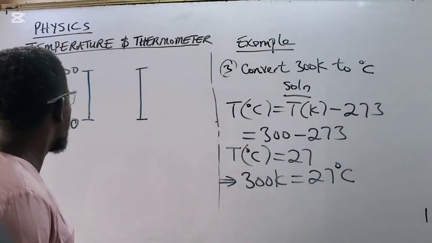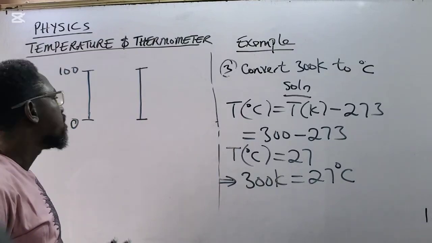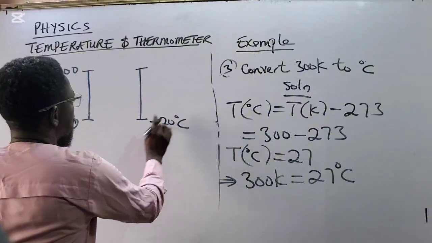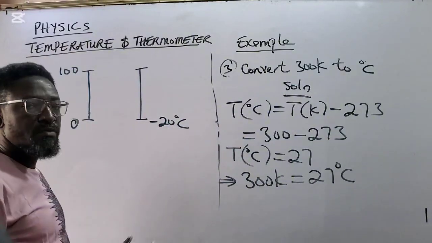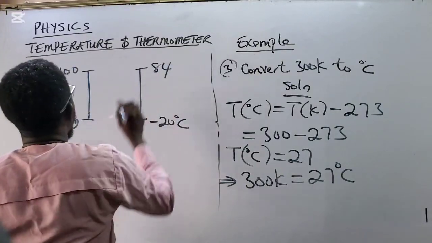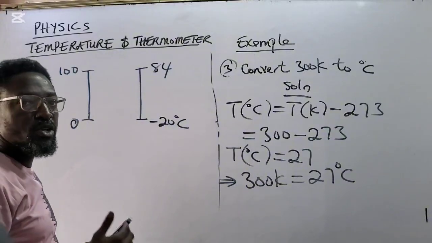That means that temperature corresponds to 0. For example, you are told it registers, let's say, -20 degrees C at the temperature of pure melting ice. That means that -20 corresponds to this. Now if you are told it registers, let's say, 84 degrees C at the temperature of steam, that 84 corresponds to 100, the temperature of steam.